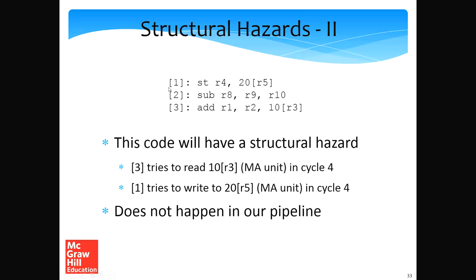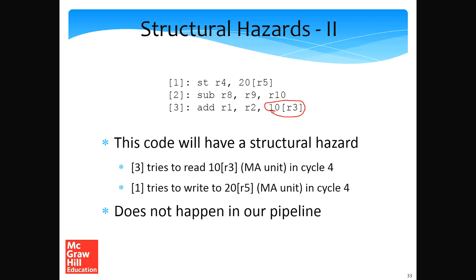Let's consider these three instructions, instructions 1, 2, and 3. In the first instruction, we do a store to the location 20 plus the address in R5. Then we have a subtract, and then we have the special kind of add instruction that we talked about in the last slide.